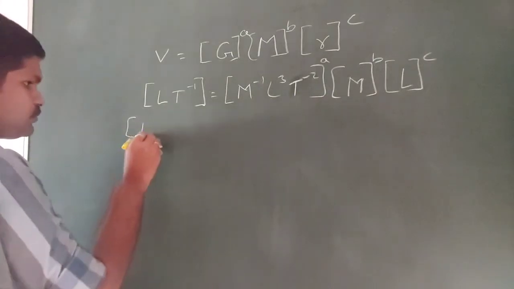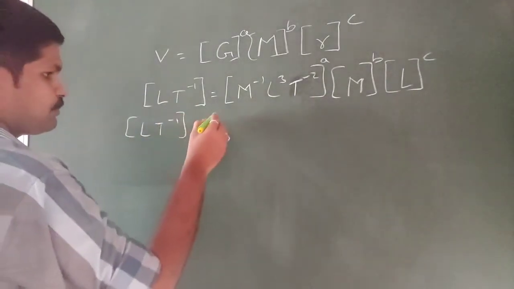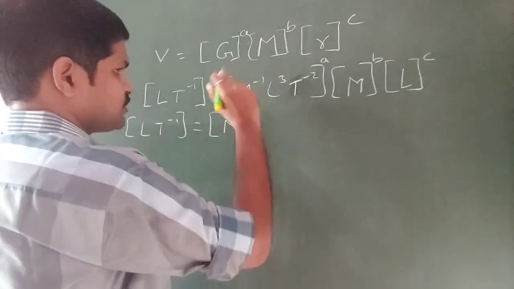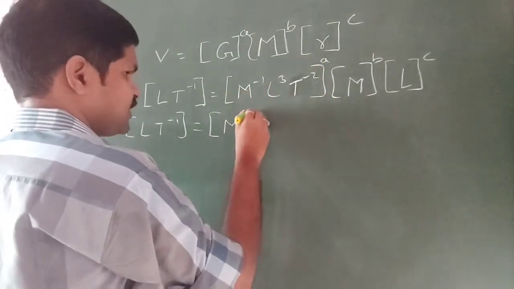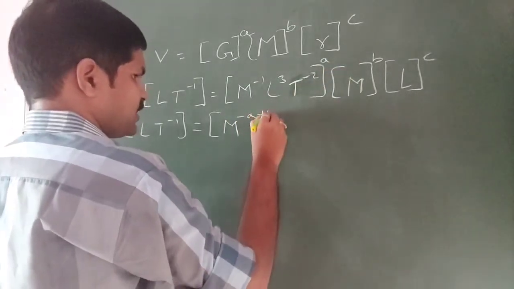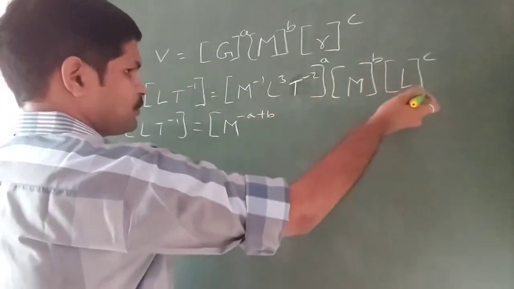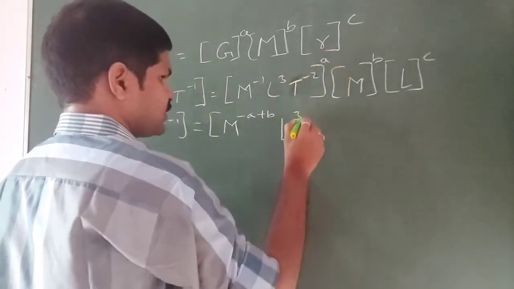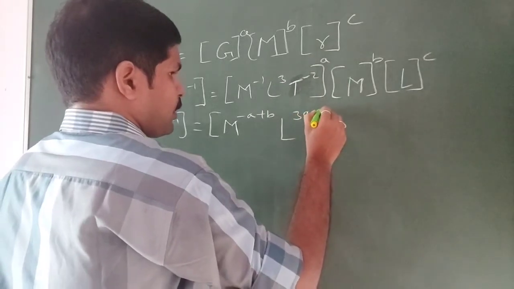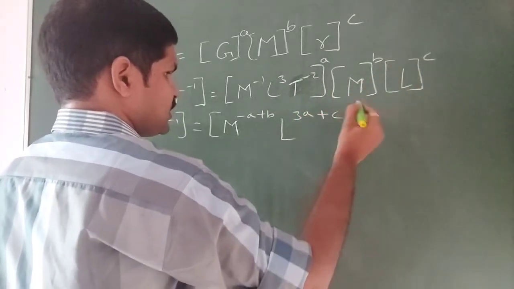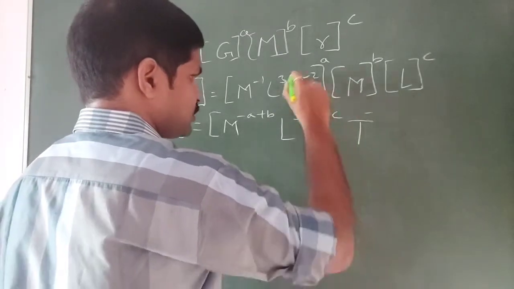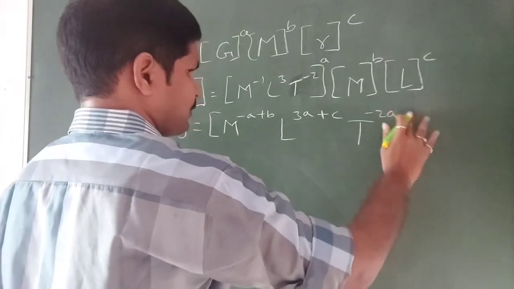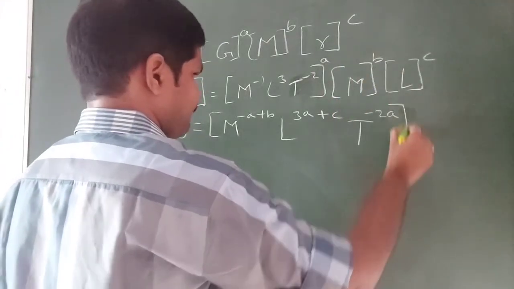Now L T inverse becomes M power minus 1 whole power A, that is minus A, plus B, so minus A plus B, and there is no M term in the third one. Next L power 3A plus C, and T power minus 2A, since nothing else is there.